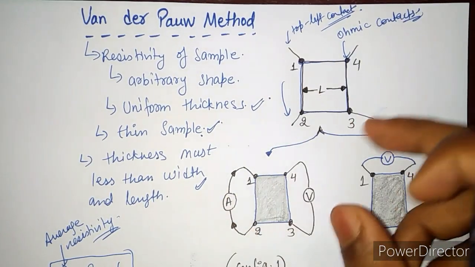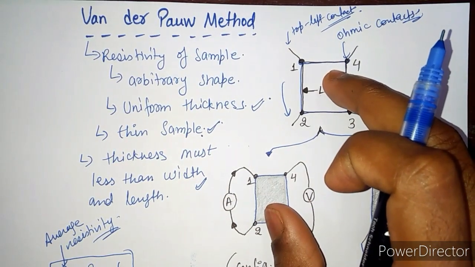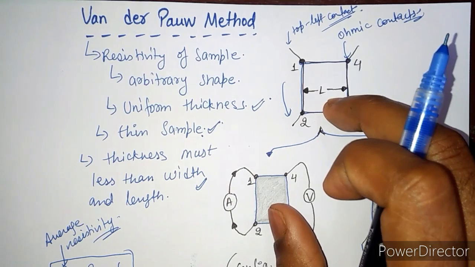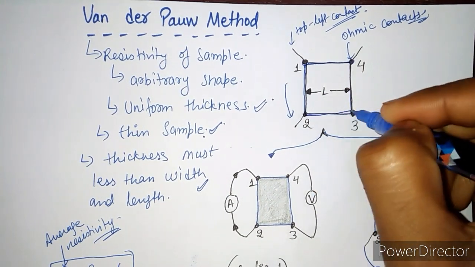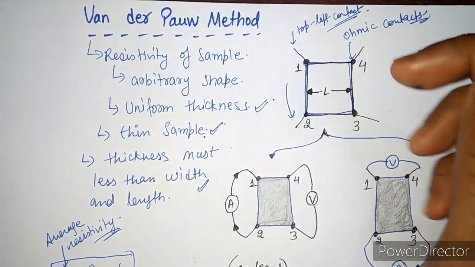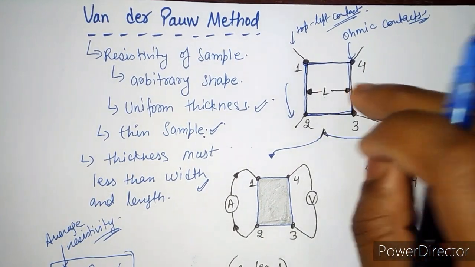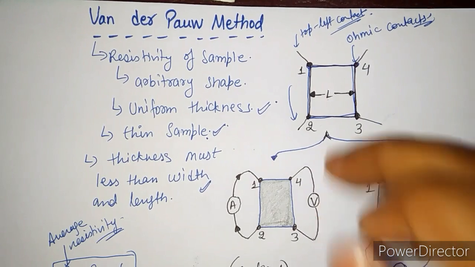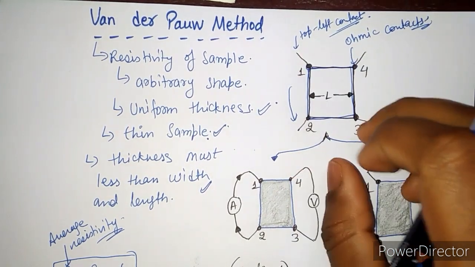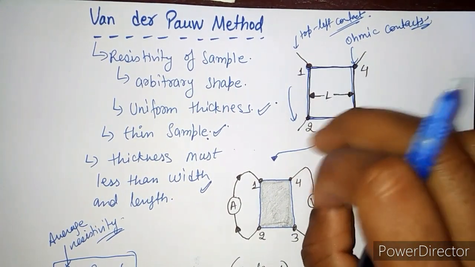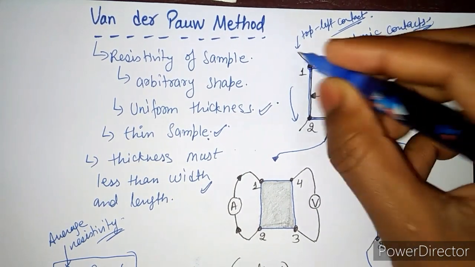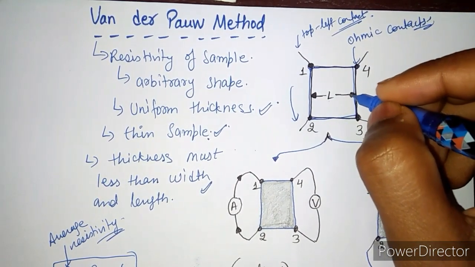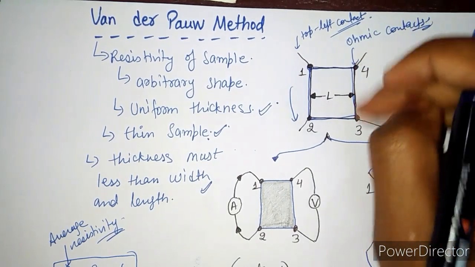So this is a diagram for the van der Pauw method, or we can say it is the setup of the van der Pauw method, in which this is a rectangle shaped sample and L denotes the length of the sample. For correct measurement of the resistivity of the sample, we require 4 ohmic contacts. These are the 4 ohmic contacts that should be attached to the boundary of this sample.